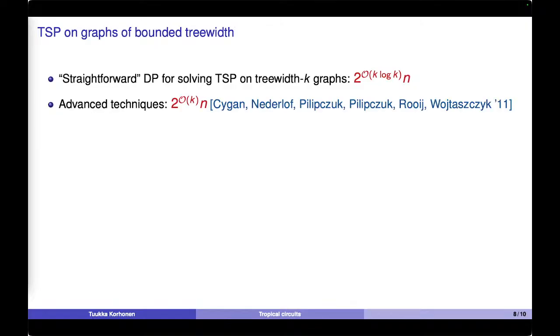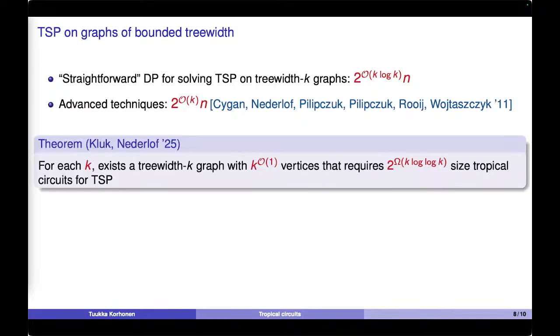Then there is a more advanced algorithm that uses the isolation lemma and some non-monotone parity stuff that gets this down to a smaller exponent in k. And now you can ask: this first one produces a tropical circuit, and this one for sure does not.